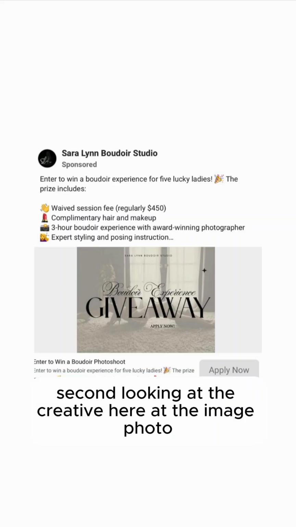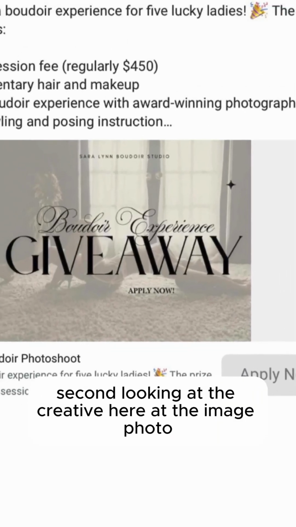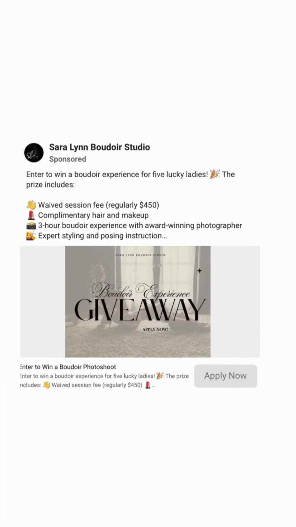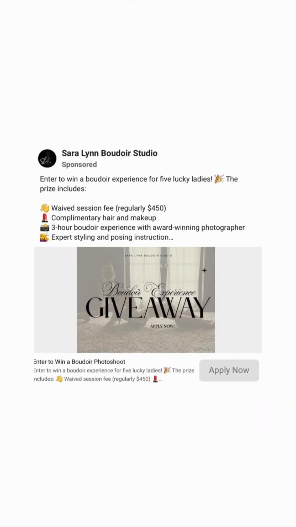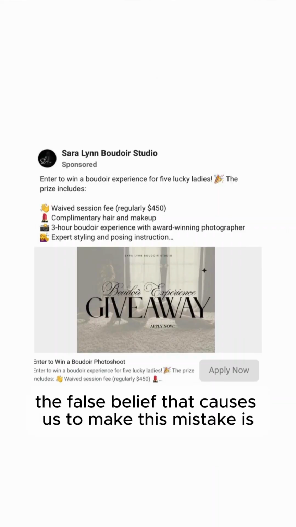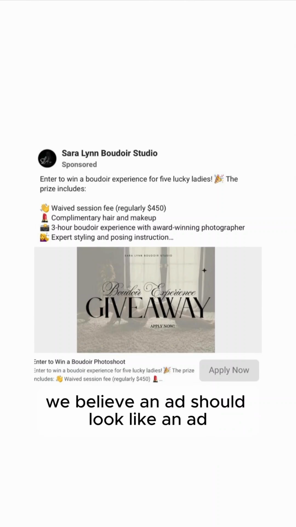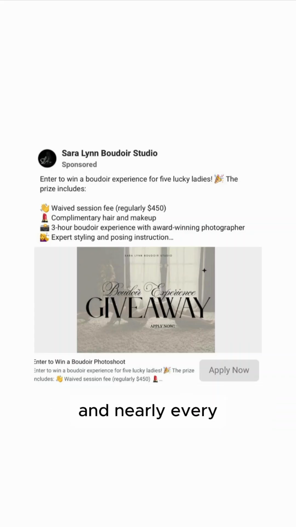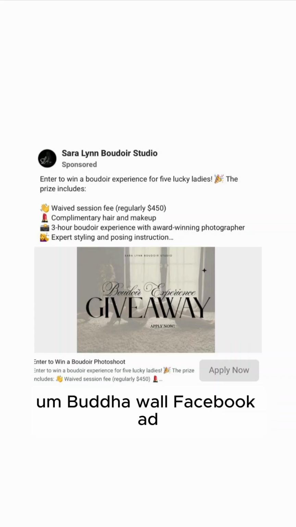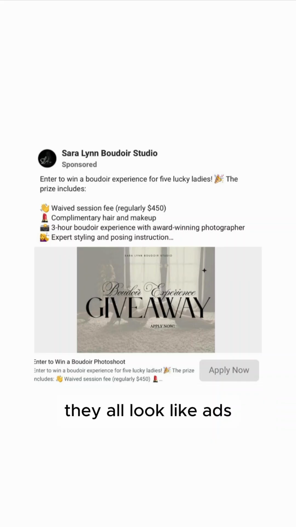All right, second, looking at the creative here, looking at the image photo. So we got the looks like an ad mistake. The false belief that caused us to make this mistake is we believe an ad should look like an ad, because that's how we've seen most ads on Facebook and nearly every Boudoir Facebook ad. They all look like ads.